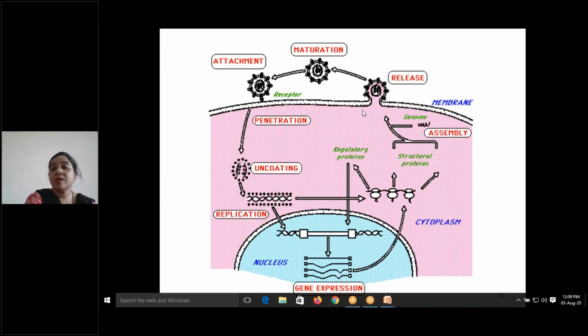This genetic material usually undergoes replication, transcription, and translation. Newly formed proteins such as regulatory proteins and structural proteins will be formed. Next, all of them assemble together. After they assemble, what will happen? They will be released.